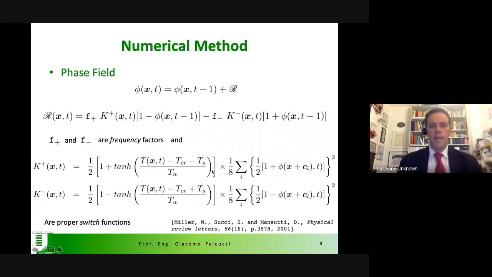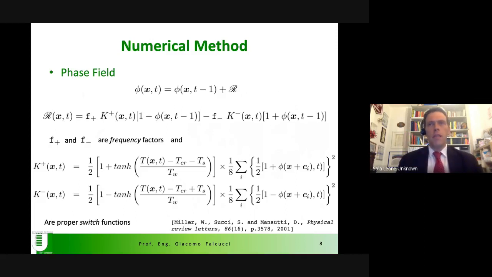You have this S temperature, which is set equal to zero in this very basic approach, and it would take into account the possibility of different temperatures for the starting of the melting and the starting of the solidification. And then you have this T width, which controls the width of the interface of the melting front.